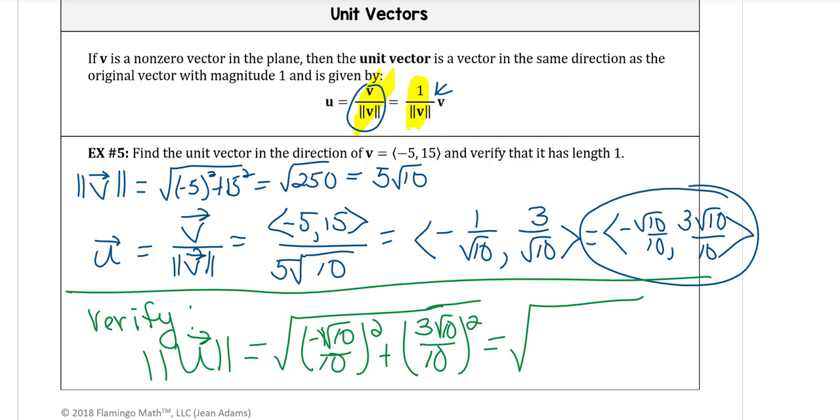So this is going to become 10 over 100 plus, that's 9 times 10, so that'll be 90 over 100. So I get 100 over 100, square root of that, which gives me 1. So it's verified.